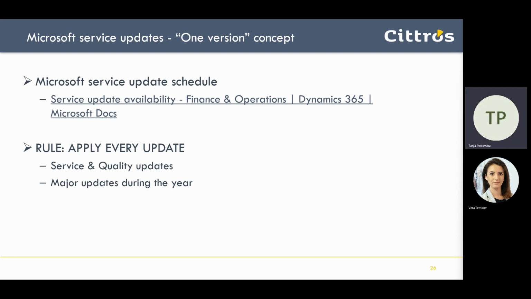This is part of the One Version and continuous updates. So your environments are being updated with 2 major releases per year and other monthly service updates. So the total of Microsoft service updates per year is 8.